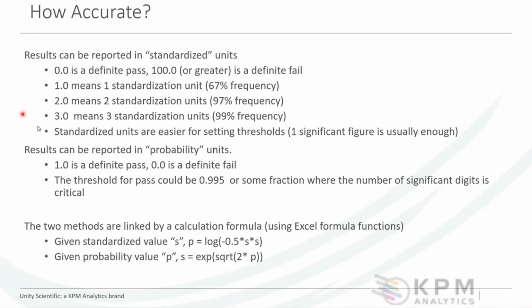For this reason, we offer both, and we offer the evaluations and the reporting of our qualitative models on either a standardized unit or a probability unit basis. These two methods are related to each other, and these formulas below relate how you can go from one to the other one.